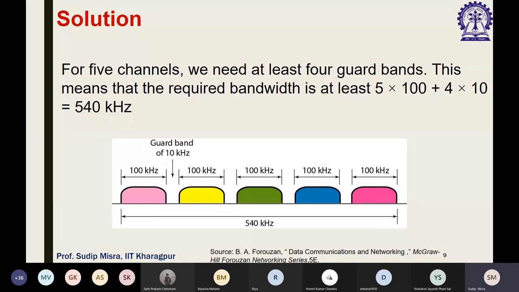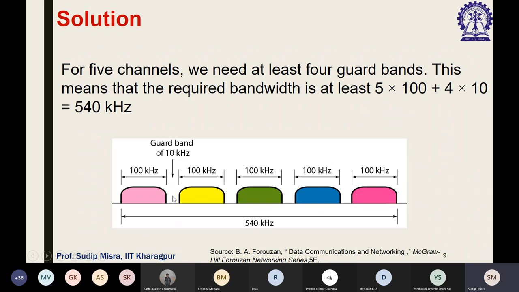So look at this figure. This is the answer, 540, and whoever said that is very right. We have 5 channels, and every channel has a bandwidth of 100 kilohertz. There is a guard band separating these channels, and every guard band is 10 kilohertz.